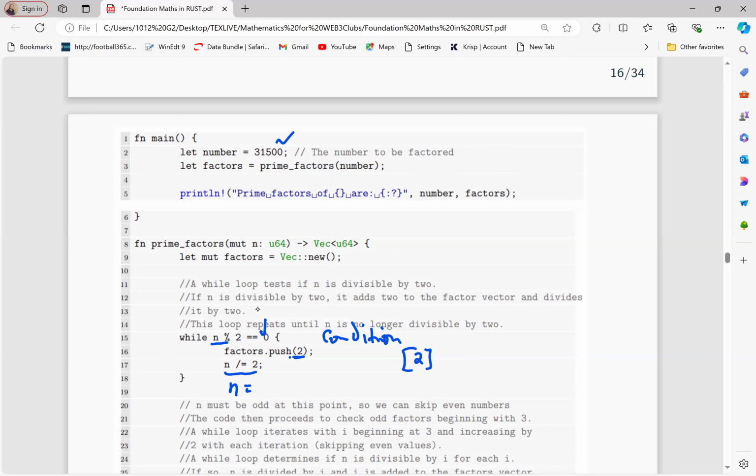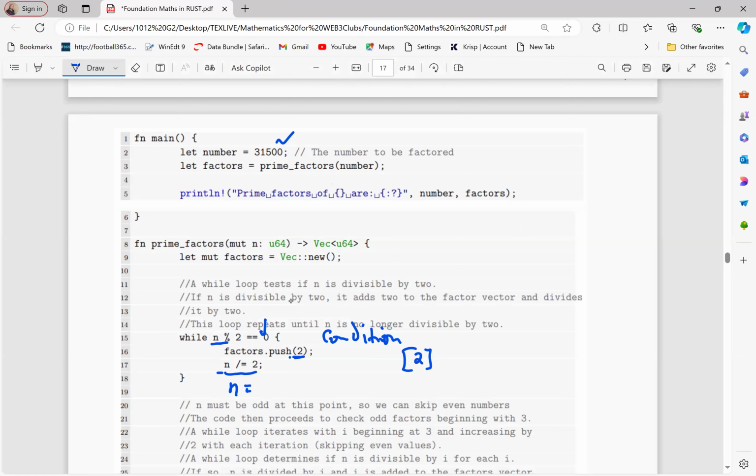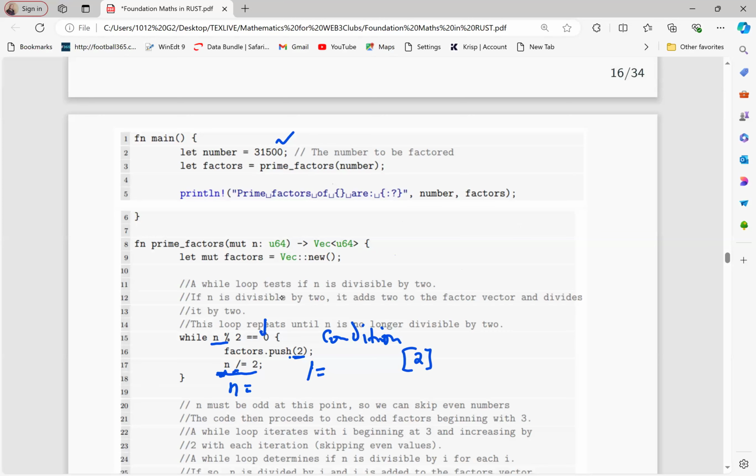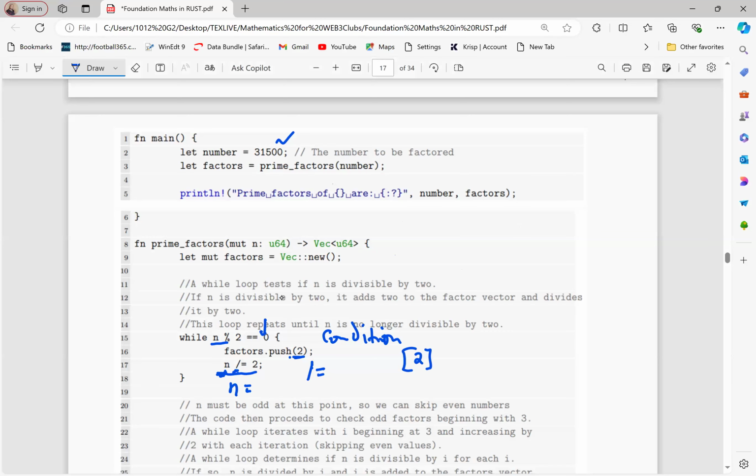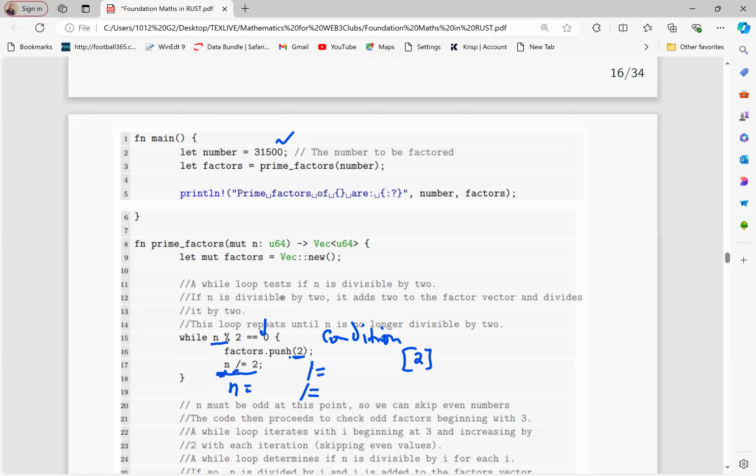When you use this slash, the slash means division, and then there's this equals. So the new n becomes the old n divided by 2. That's what they mean when you combine these two. So at this point, I take my 1,500, and the new n will be a half of that.